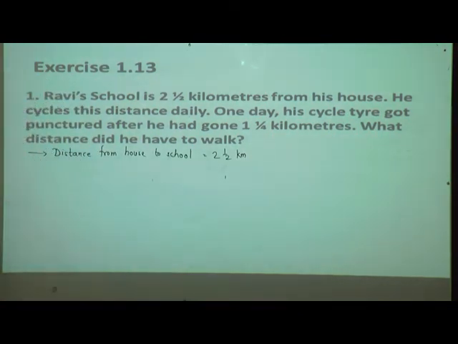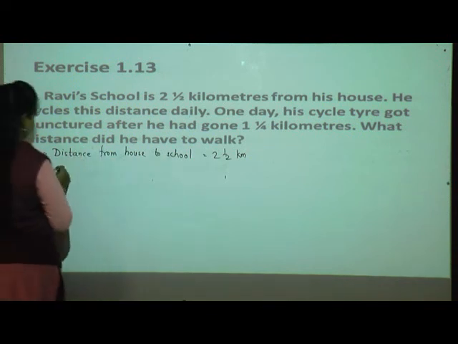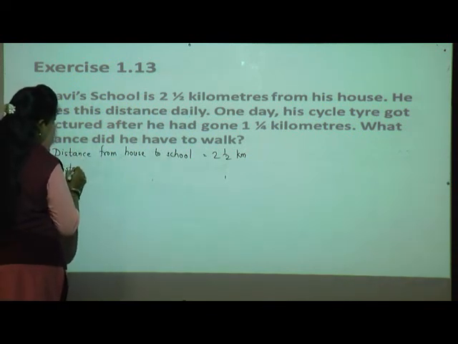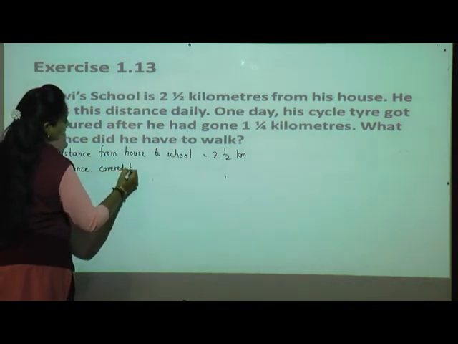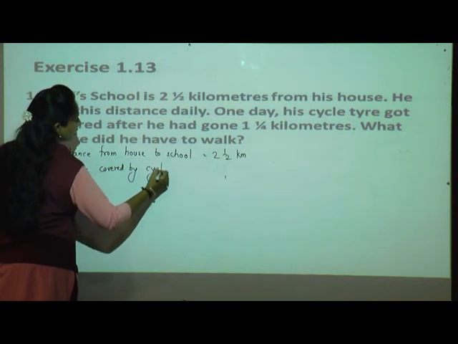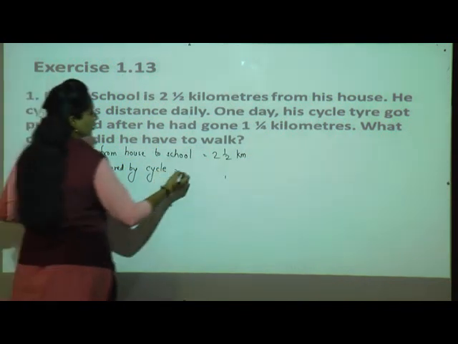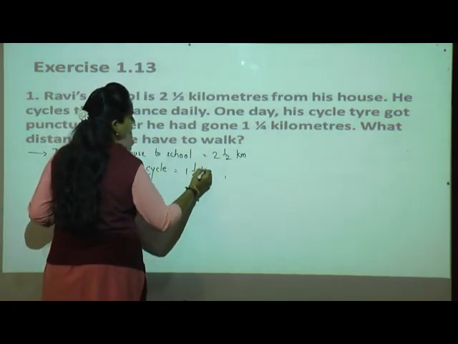So one day when his tire got punctured, how much did he cover? Distance covered by cycle, how much did he cover? Distance covered by cycle is equal to 1/4 kilometer.